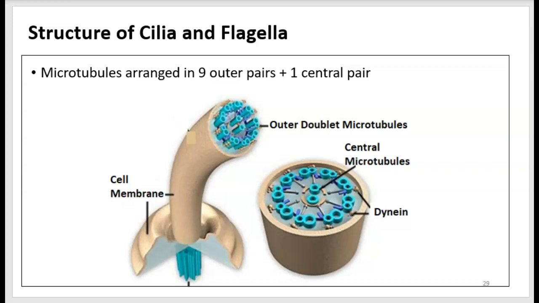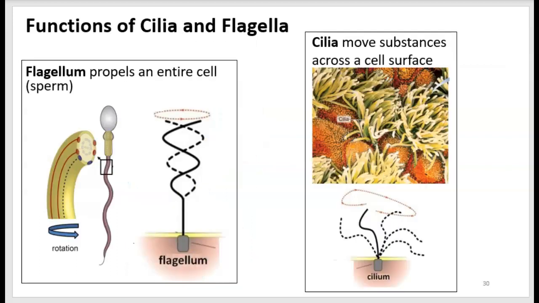So 9 outer doublets and 1 central doublet. And there's another protein involved with their function. It's called dynein. The same is true for cilia and flagella. We have to keep that in mind. However, this dynein and other motor proteins might vary because they move differently.